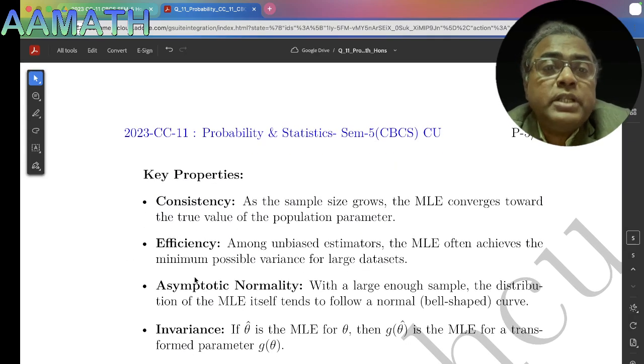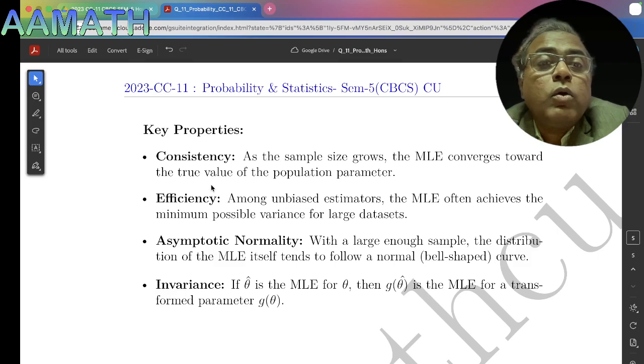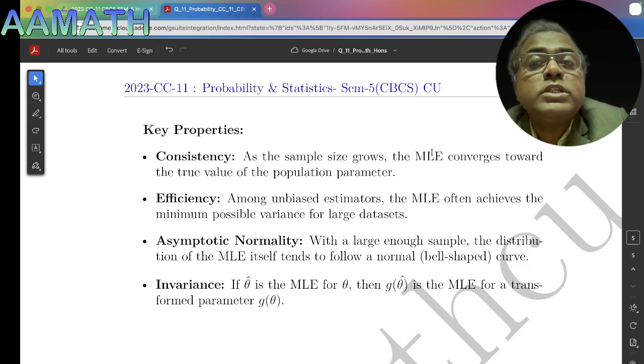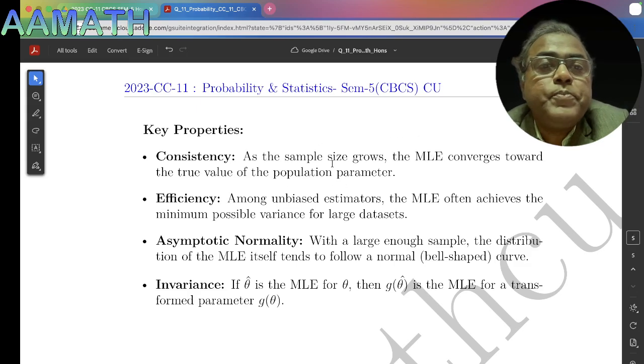And key properties of this MLE: consistency. As the sample size grows, the MLE converges towards the true value of the population parameter, which is unknown actually. Efficiency: among unbiased estimators, the MLE often achieves the minimum possible variance for large data sets.